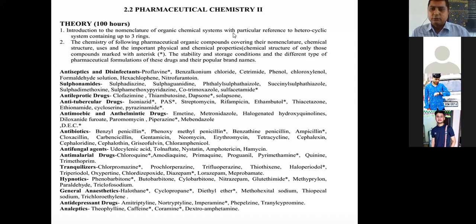Sulfonamides, their uses and chemistry, we will discuss. Anti-leprotic drugs, anti-tubercular, anti-amoebic, anti-helmintic drugs, antibiotics, antifungal agents, anti-malarial drugs, tranquilizers, hypnotics, general anesthetics, antidepressant drugs, analeptics. What are the meanings of them, that we will also discuss.